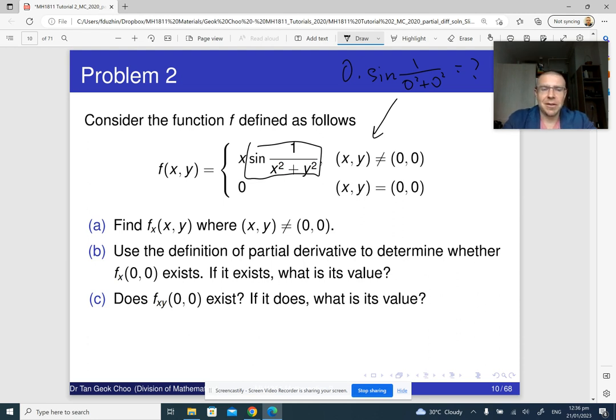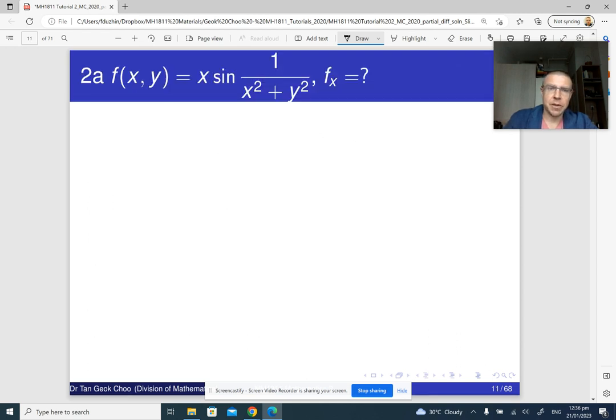Then in part B, we've got to find its partial derivative with respect to x at (0, 0), which means we've got to use the definition, since we cannot use differentiation rules, since there's no single formula for the function. And finally, we will find the second partial derivative. Okay, so let's do it part by part.